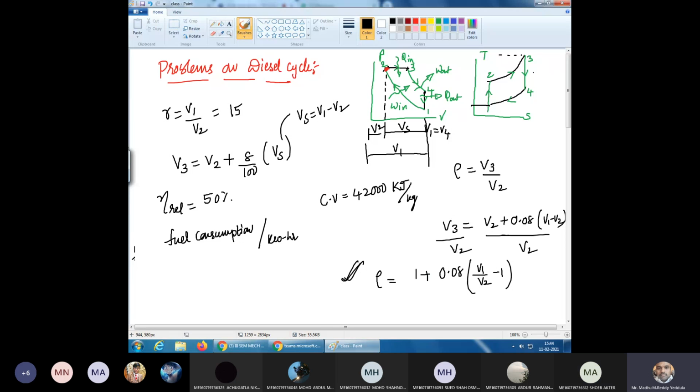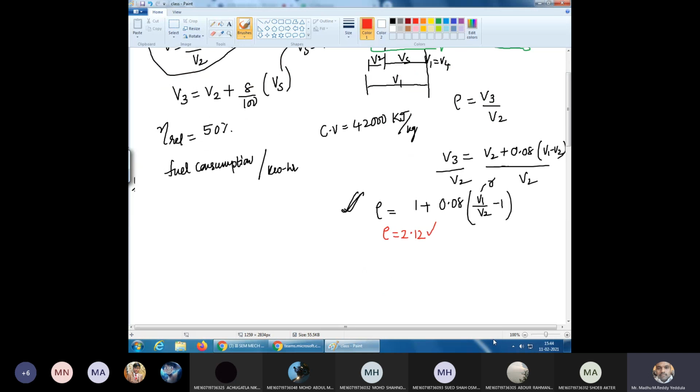I divided V3 by V2 on both sides so that I got the cutoff ratio. V1 by V2 is nothing but the compression ratio. Therefore, if you substitute the R value, you get the cutoff ratio rho as 2.12. Once you know the cutoff ratio and the compression ratio, you can calculate the efficiency of the diesel cycle without any difficulty. Clear up to the efficiency?